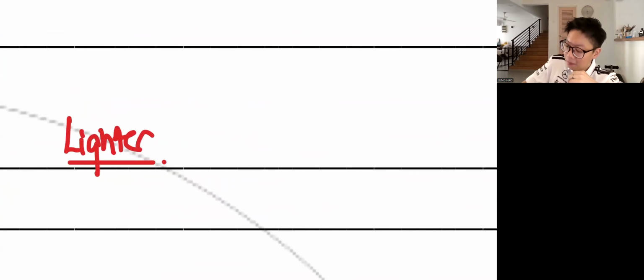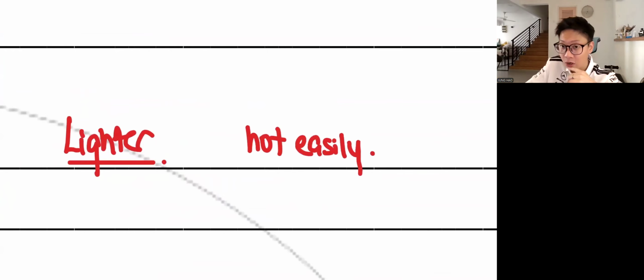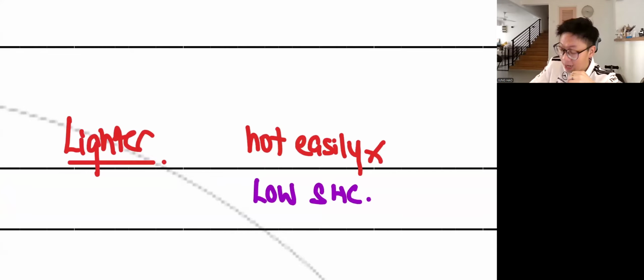Can I say it becomes hot easily? Cannot. If you want to say becomes hot easily, what would you say? You will say low specific heat capacity. Lighter?